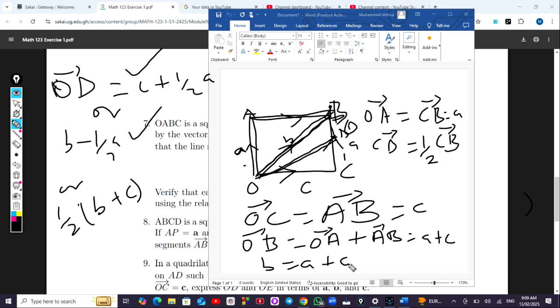But we don't need a, so let's make a the subject and substitute it in what we have already shown. Let's represent the first one, c plus half a, as equation 1. The second one we've already shown, so let's represent it as equation 2. Making a the subject, b minus c will give us a.